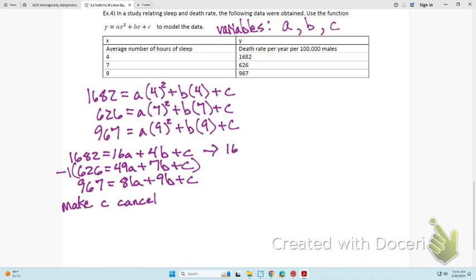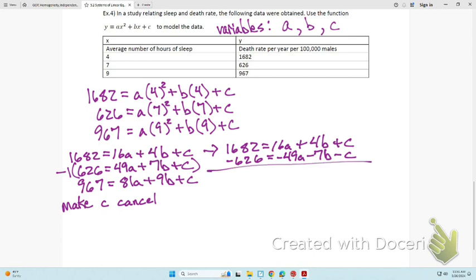So we're going to go 1682 and the rest of that equation, and then make the second one all negative. And the C's cross out. We get negative 3B. We get negative 33A. And you need to subtract those two, and you get 1056.